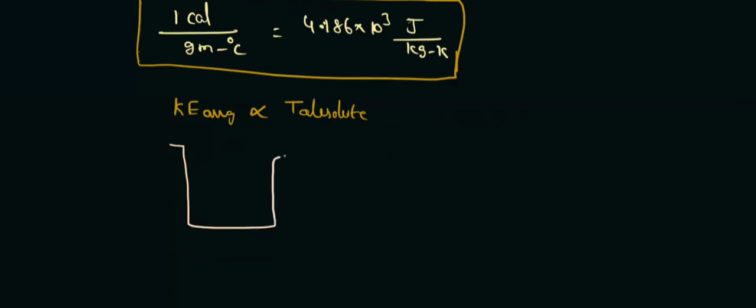If you take water, it contains different molecules. Whenever you give the heat, for what purposes is the heat going to be used? Simply, I'm going to say that it is internal energy.